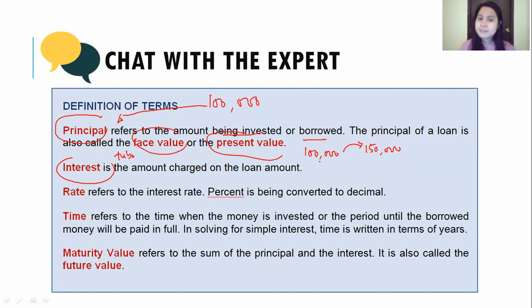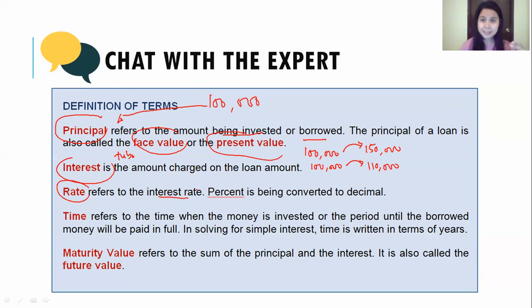Or if I'll borrow 100,000 from the bank, and after 1 year, I will pay 110,000, the 10,000 tubo is called the interest.